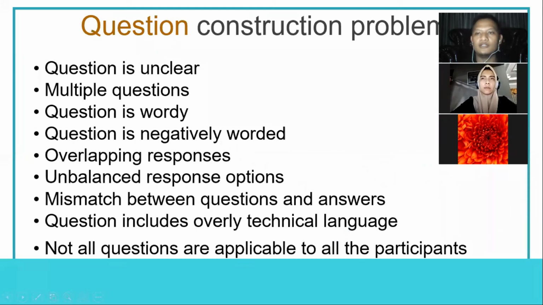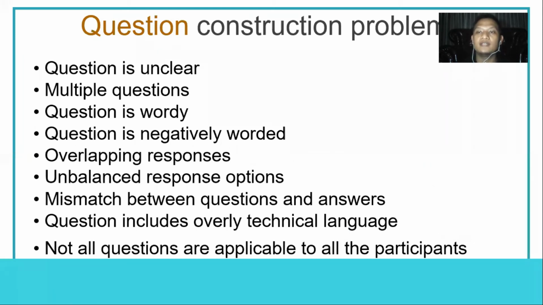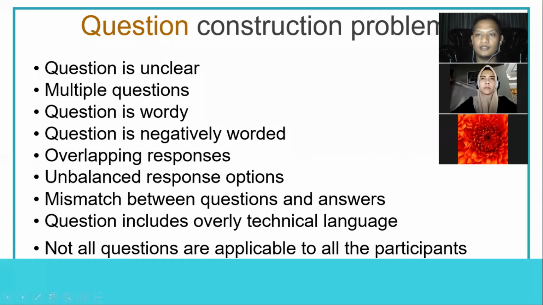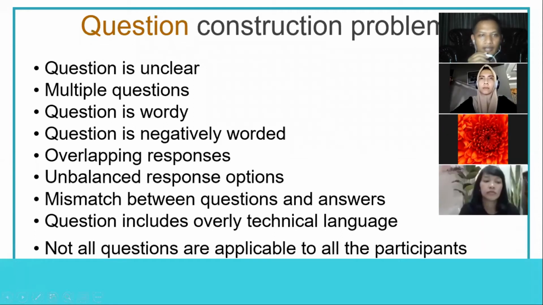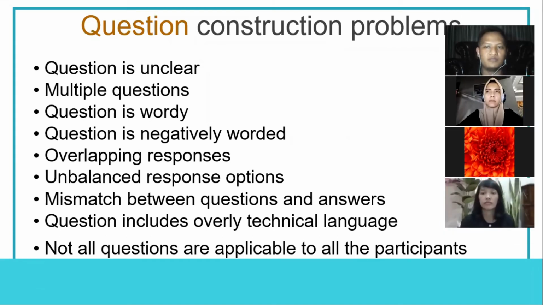Okay, now we are going to move to the next slide. This is talking about question construction problems. There are several problems for researchers, especially when they construct survey questions. The first is that the question is unclear.